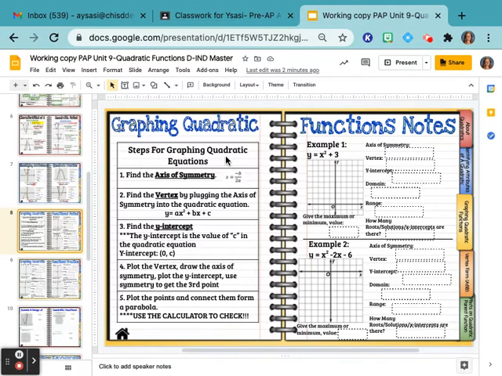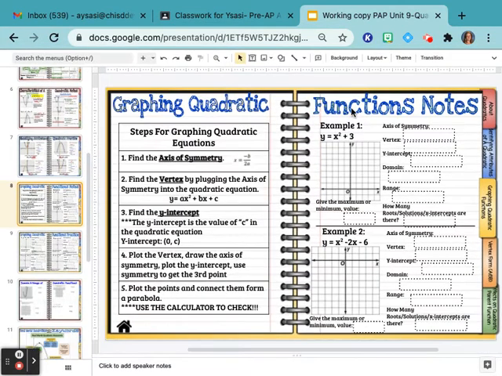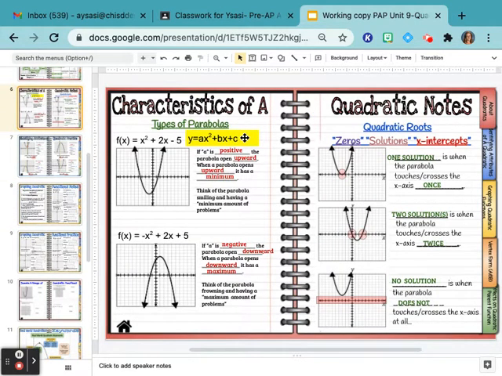Okay, so here are the steps for graphing quadratics. We're going to use our calculator a lot on this, but I want you to know how to find your axis of symmetry because sometimes it is not directly through a whole number. Maybe it's a decimal. So remember back over here, this is on slide 6, y equals ax squared plus bx plus c.